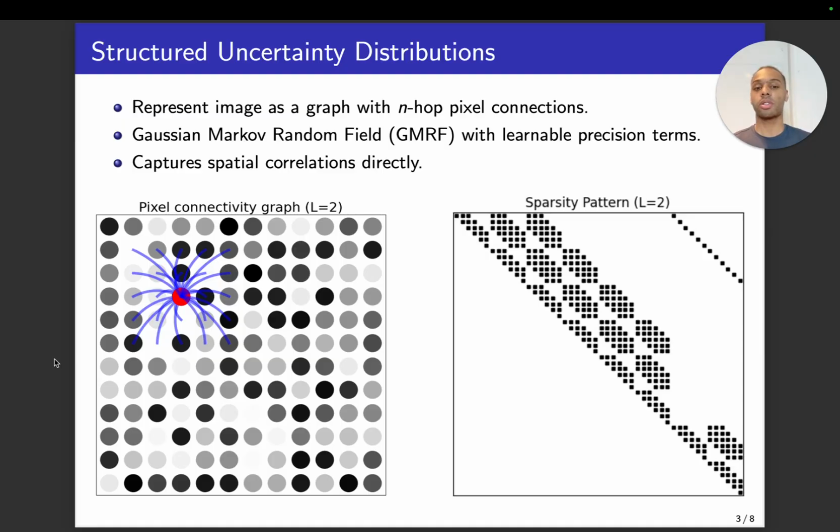And this non-zero conditional correlation corresponds to a non-zero entry in the precision matrix of the corresponding Gaussian distribution. Precision matrix, the inverse of the covariance matrix. We can capture very fine details between pixels by representing them this way, and the corresponding covariance, if you invert this precision matrix, captures longer scale correlations through the Markovian structure of the graph that is defined.